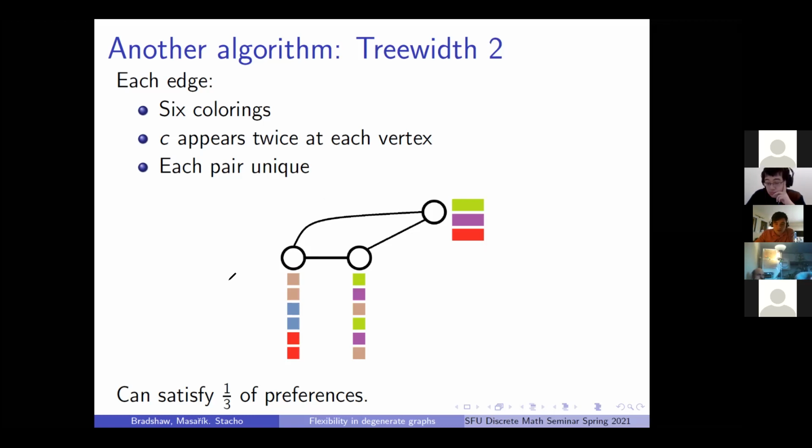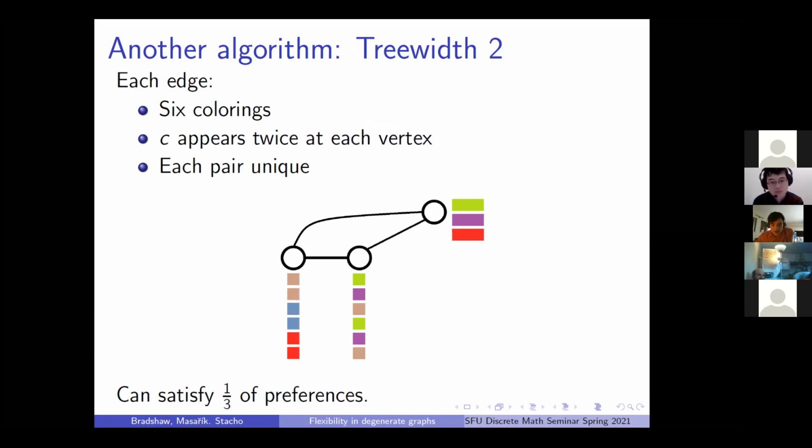So we think it would be interesting if there are other graph structures for which there exist algorithms like this, where you can input a graph, you can input color lists, and you can input a set of coloring preferences. And if the algorithm can actually return a list coloring that satisfies a positive proportion of your coloring preferences.